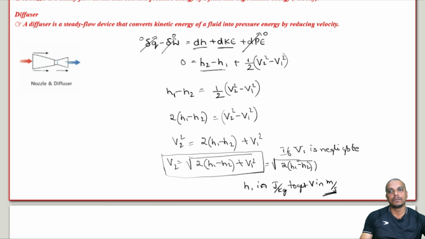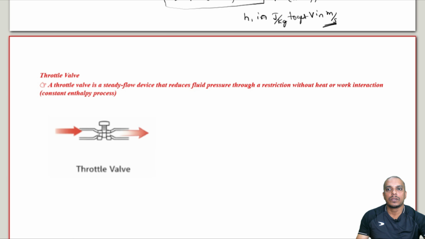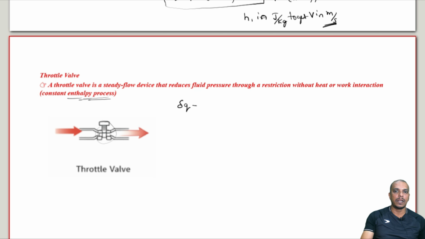Very important. Now, the throttle valve. A throttle valve is a device, a steady flow device of course, which reduces fluid pressure through restriction. So, there is a restricted valve here. There is no heat transfer and no work interaction of course, and it is already stated that it is a constant enthalpy process. Now, let us reduce it. Delta Q minus delta W is equal to change in enthalpy plus change in kinetic energy plus change in potential energy.